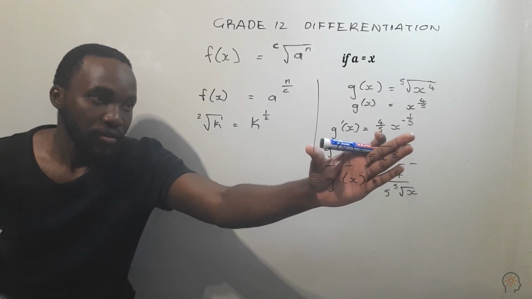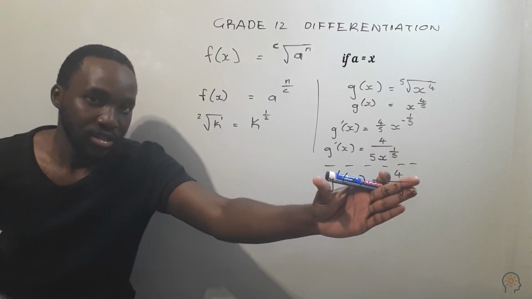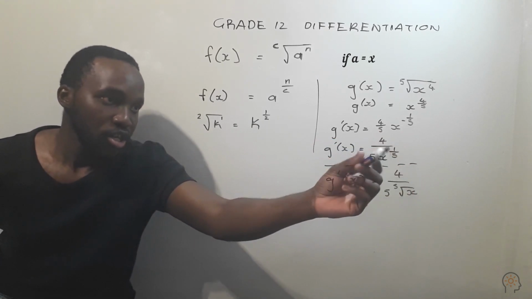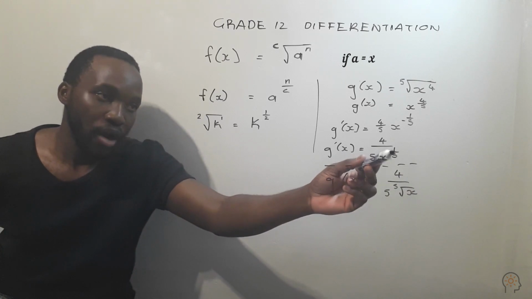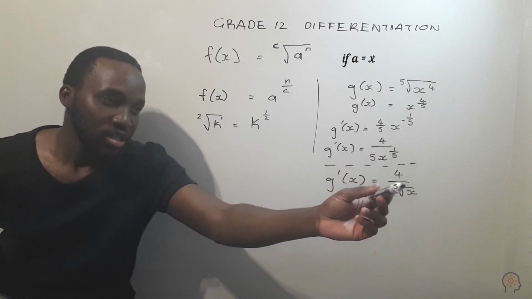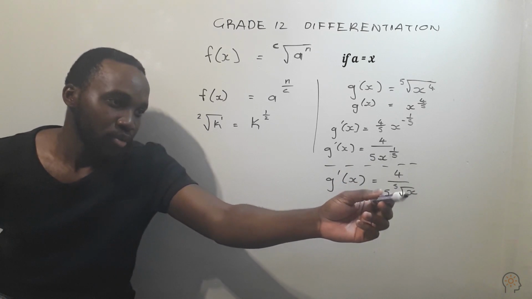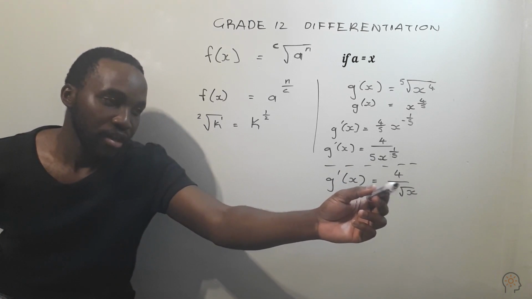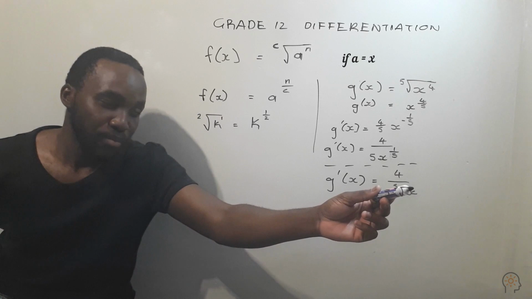So this expression and this expression are exactly the same. The reason is, here we can see that x is to the power of 1 over 5. Here we have a square root symbol with a tiny 5 there, and then x is technically to the power of 1.